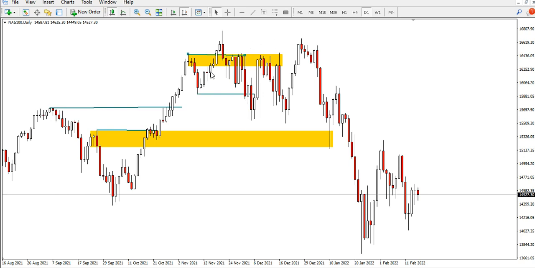This first structure here was broken in a bullish direction, so this second structure was broken in a bearish direction. So this high here will be mitigated, and then our take profit will be this swing low here. This is the whole concept of change of character.